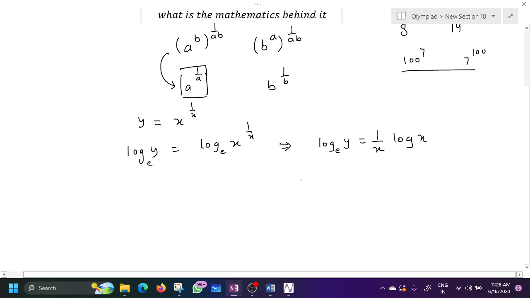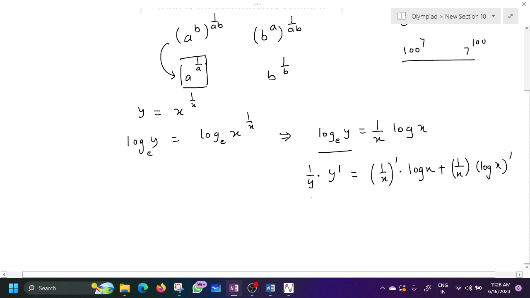And now we can differentiate it, and here on the left hand side you will get 1 by y times y dash, where y dash is the derivative, is equal to derivative of 1 by x times log x plus 1 by x times derivative of log x.